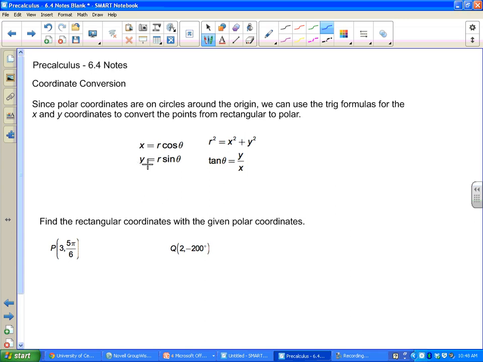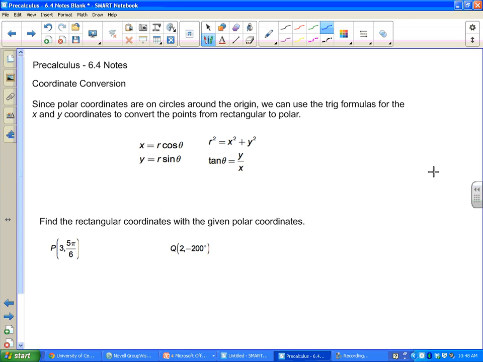If you solve the similar equation for y, it's this. Tangent theta equals y over x, we've used that one recently. And then radius squared equals x squared plus y squared, which is a form of the Pythagorean theorem. These are the 4 formulas that are going to be really important for going back and forth between rectangular and polar coordinates and equations.